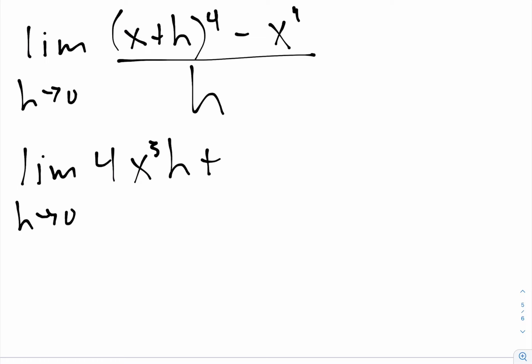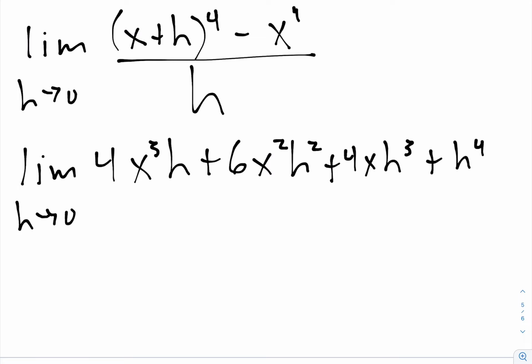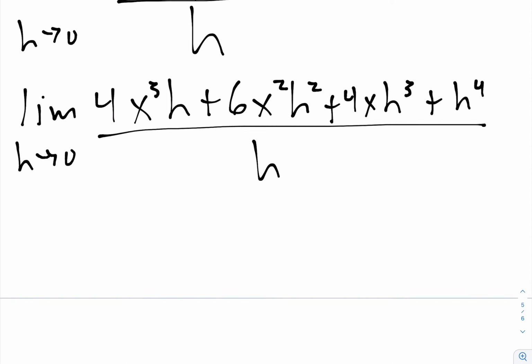Okay, and you could do this on your own if you wanted to, just to verify that it's right, plus 6x squared h squared, plus 4xh cubed plus h to the 4. Okay, all divided by h. So these x to the fourth terms are gone because they were subtracting. So now it's simplified, expanded, we're all good.